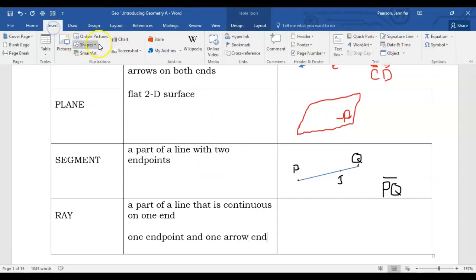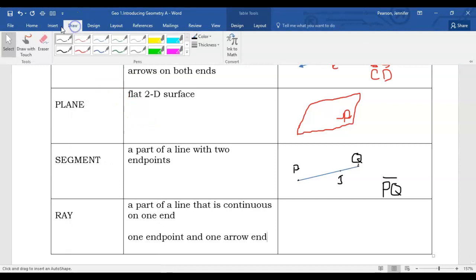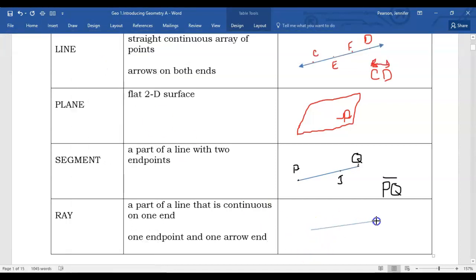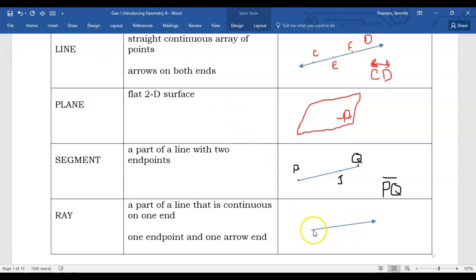So I have my handy dandy shapes up here, and that would look like this guy. So it's going to have an arrow on one end, and it's going to have an endpoint, or no arrow, on the other end. And just like before, there can be infinitely many points on this ray.